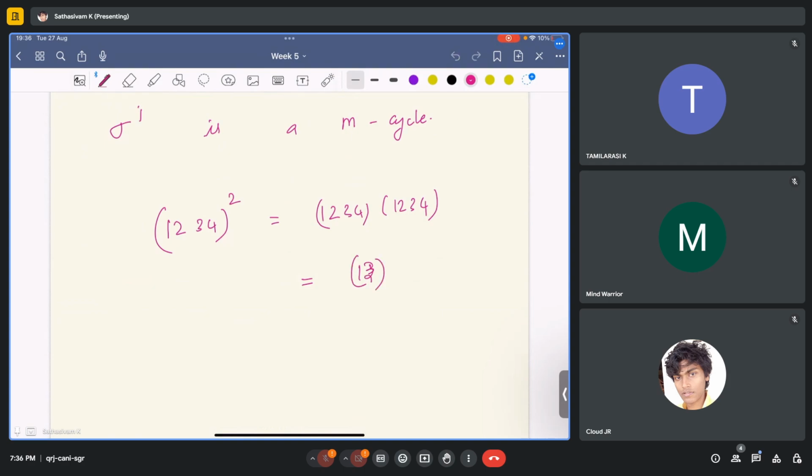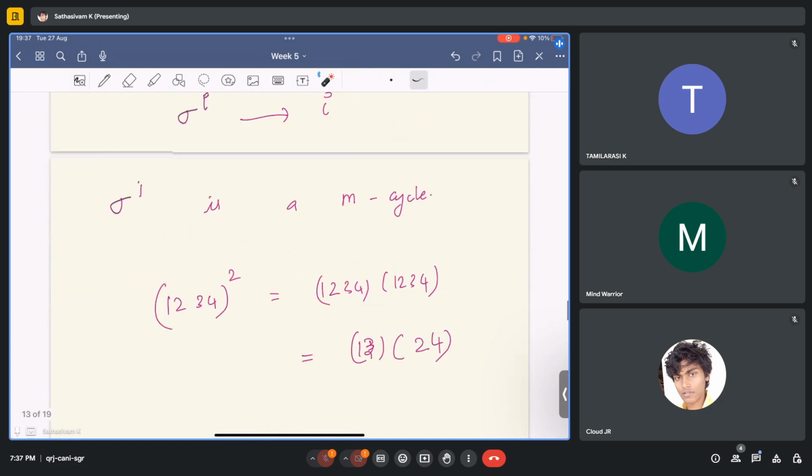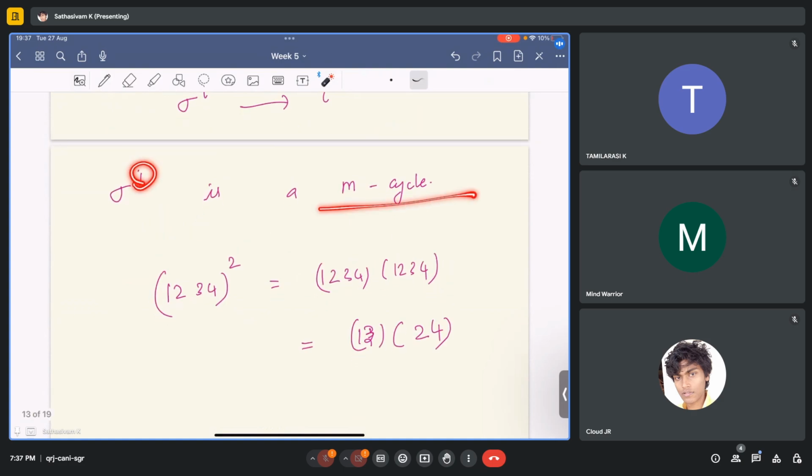Now 3 goes to 4, 4 goes to 1, so this will be closed. And you take 2, you can observe that 2 goes to 3 and 3 goes to 4, and this is actually this one. If you observe here, this is not a 4-cycle, right? And this order is also not 4. The order is 2, if you remember what we had. So when you square it, it need not be a 4-cycle. So sigma power i need not be an m-cycle.